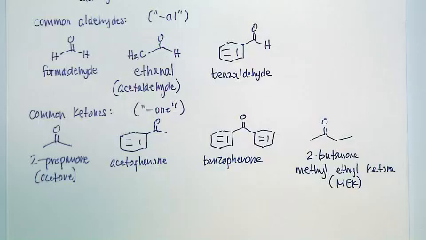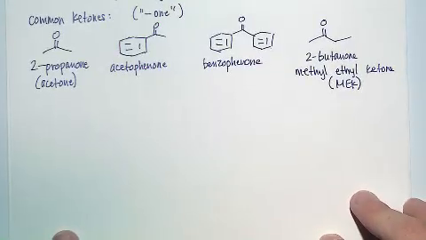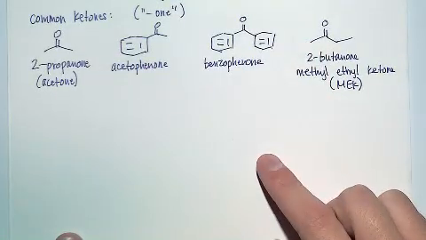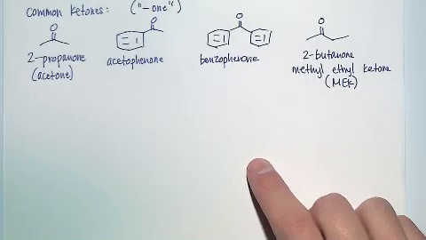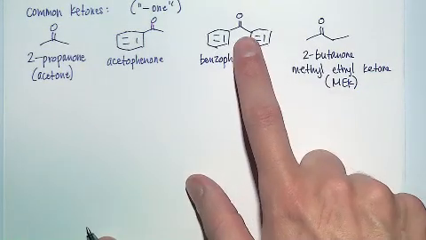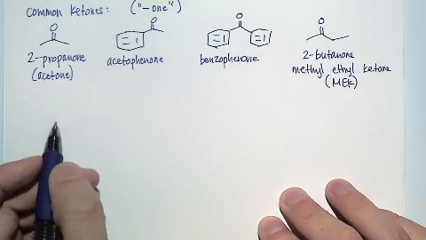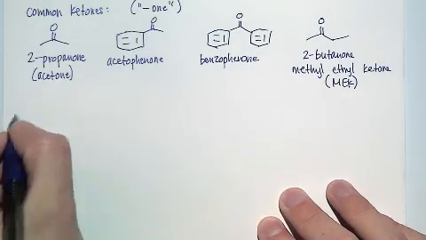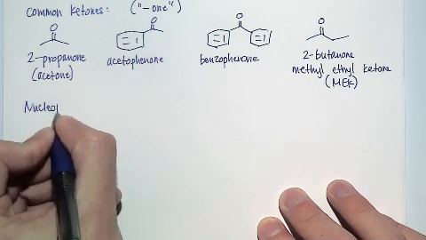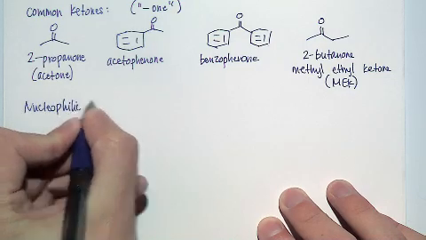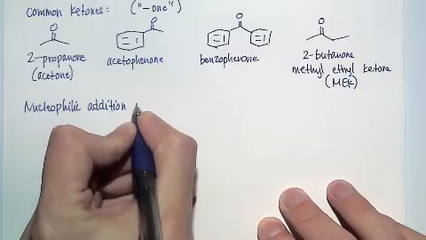And it all stems from the fact that carbonyls, aldehydes and ketones, and other carbonyls that we'll discuss later, are electrophilic at the carbon atom. So the types of reactions that these are going to undergo, generally, are nucleophilic additions.